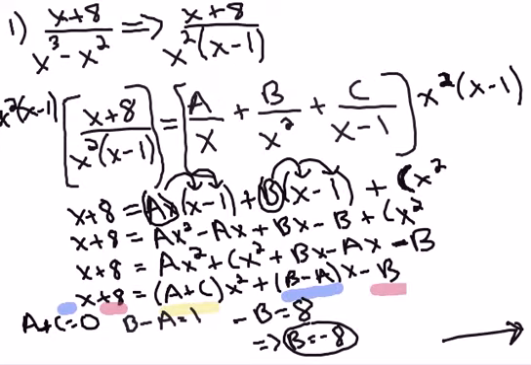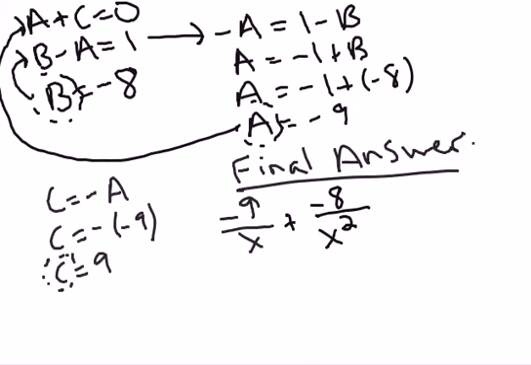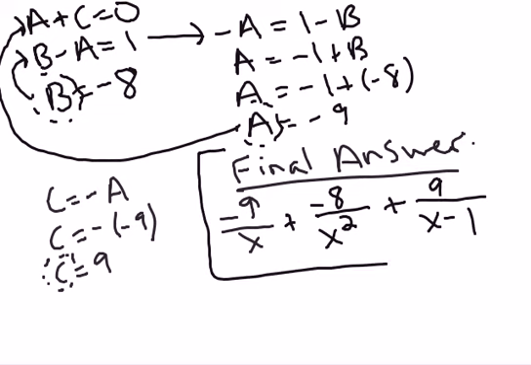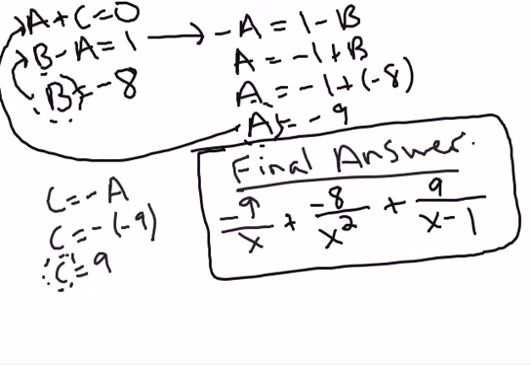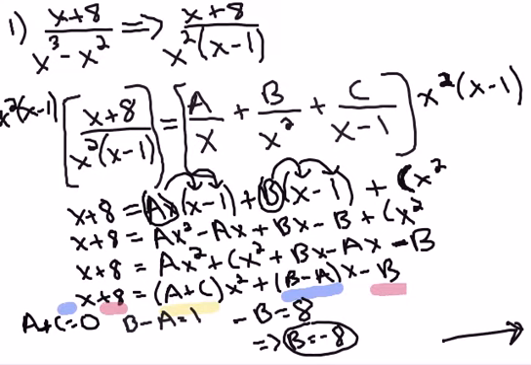And then finally, c over x minus 1, where c is 9. And so this would be the final, what's called partial decomposition of the original rational function, which was up here.